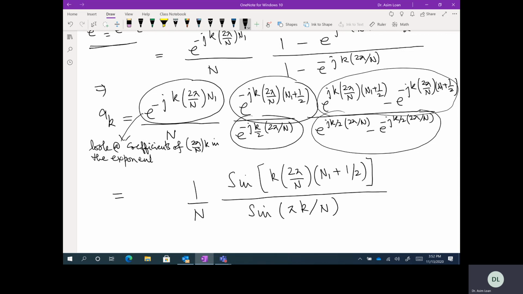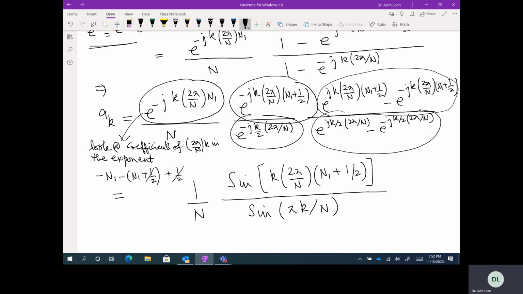If I do that, what do I have? I have minus n1 from here. Here I have minus n1 plus half. And over here, when this goes into the numerator, this is plus half.